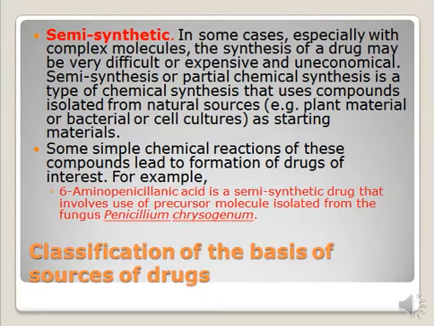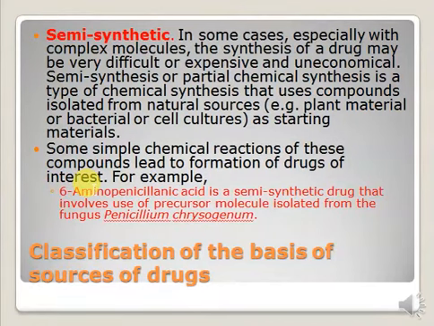So 6-aminopenicillanic acid is a semisynthetic drug, and it involves the precursor penicillin, which is actually isolated from a fungus, Penicillium chrysogenum. Right, so we take this fungus, Penicillium chrysogenum, get the penicillin from it, and carry out a simple amination reaction with that.